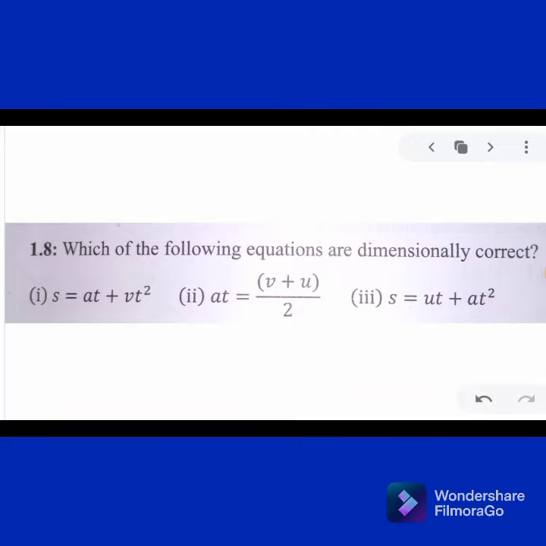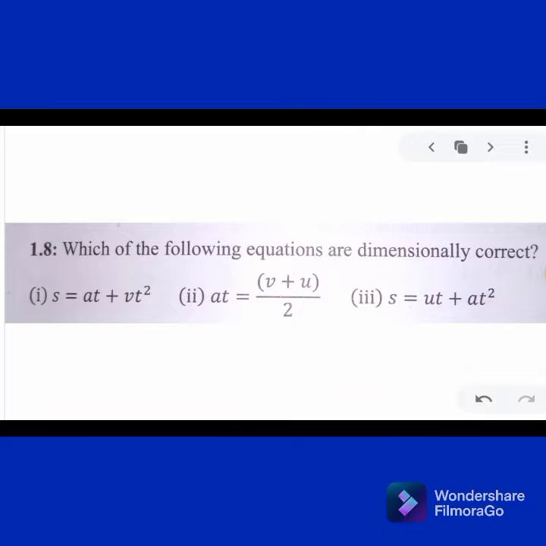The second one is AT equals V plus U all over 2. Then we have S equals UT plus AT squared. They're basically asking, are these sides the same thing dimensionally?